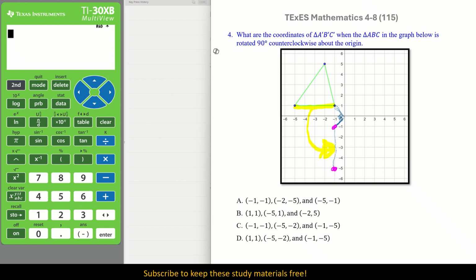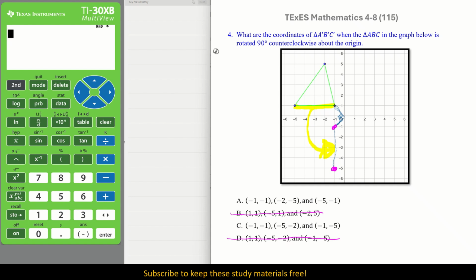That all being said, let's start eliminating. I need as one of my points -1, -1. That eliminates B and D. Now, you may say, wait a minute, we had triangle ABC and none of this is labeled. We don't need it. A triangle has unique points by definition. So this gives us two unique points that we have rotated counterclockwise 90 degrees.